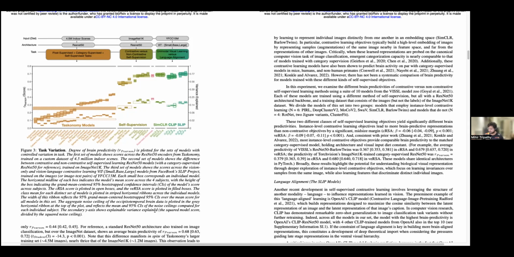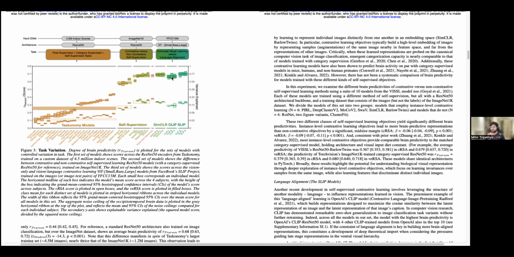Across all three, there were no substantial differences between the Pearson scores, although there was a slight decrease in the purely language-trained one, CLIP. Not sure if that's significant. I don't think so. You can see there is a slight decline over here.